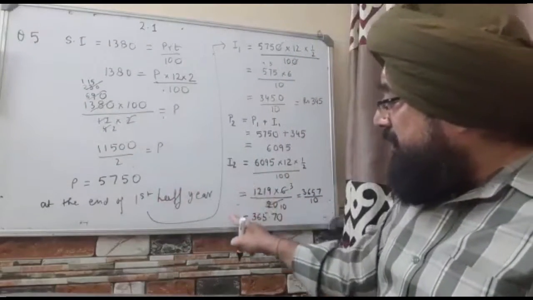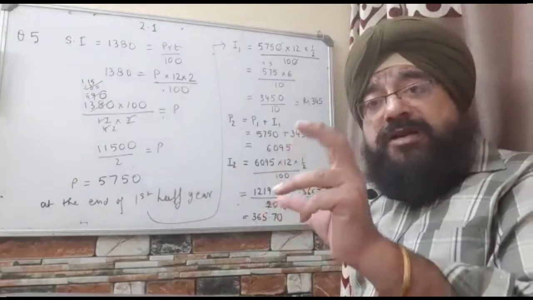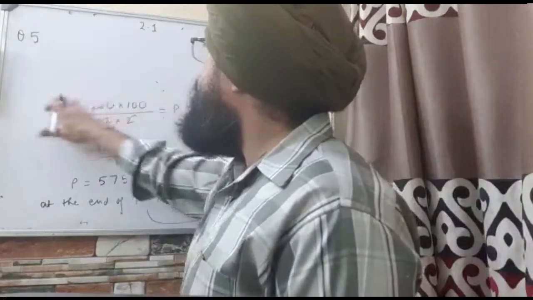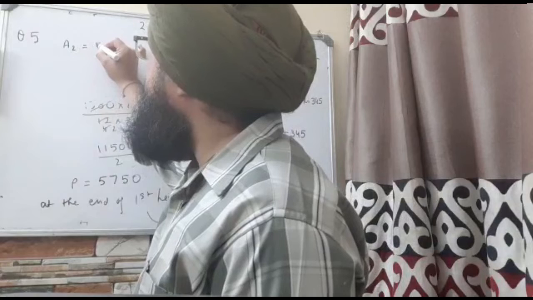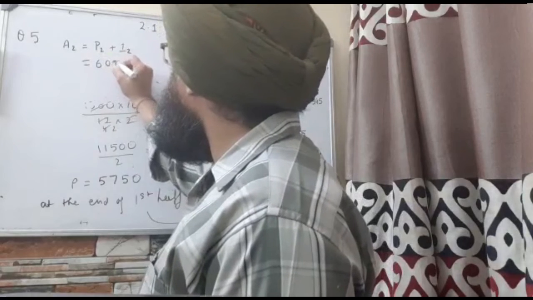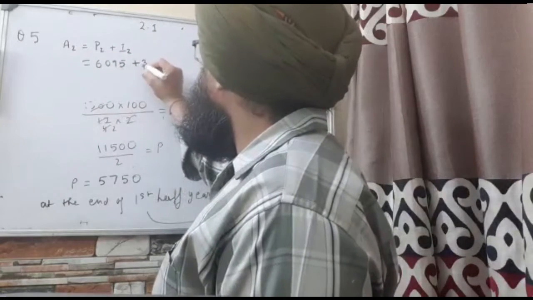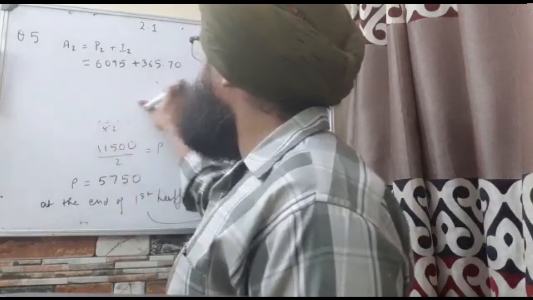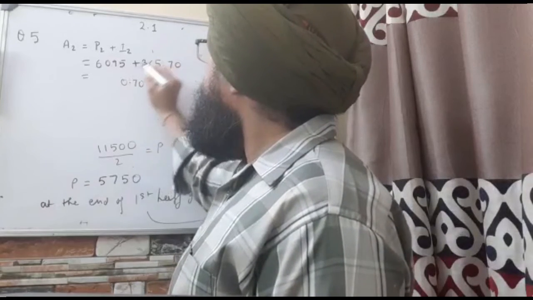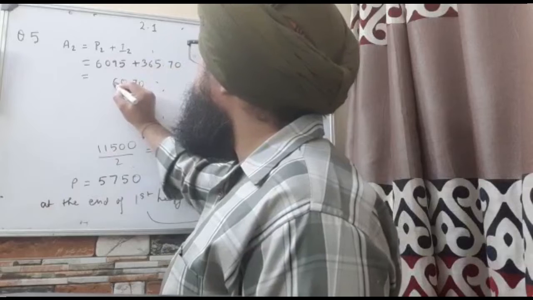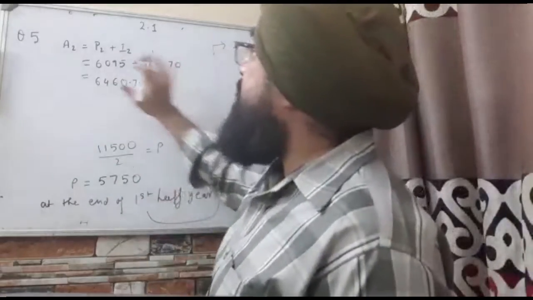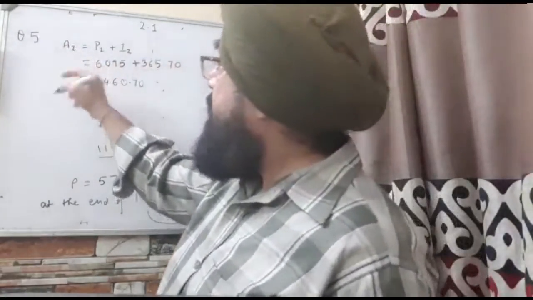So either I can find from here A2, and from A2 you subtract P to get I. That is what I'm trying to suggest here, is that either you calculate here amount at the end of second time period, that will be equal to your P2 plus I2, and that is nothing but 6095 plus 365.70, and that will give you 0.70. 5 plus 5 is 10, carry 1. 7 plus 9 is 16, carry 1. 1 plus 3 is 4, that is 6. 6460.70. This is the amount at the end of second year, second time period, I'm sorry.